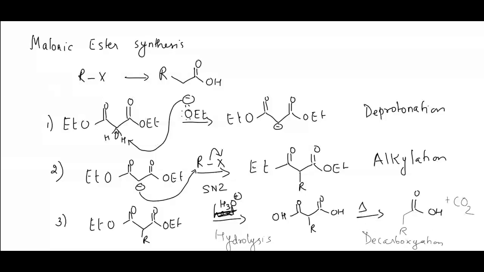One example we can look at to understand this one more time is the synthesis of butanoic acid from diethyl malonate. Again, we start with diethyl malonate. It's the same starting material.